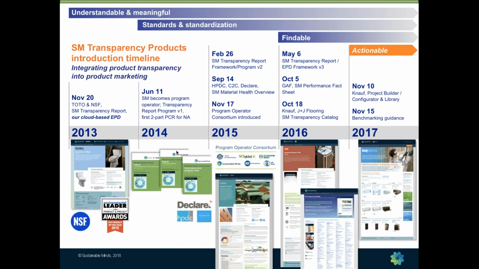And so we adopted that trend and wrote the very first two-part PCR program for North America from the ground up using EN 15804 and the two-part process that was happening in Europe, but utilizing all North American technical standards and procedures, and also, of course, using ISO 14040 and 44, the technical standards for how LCA would be done.